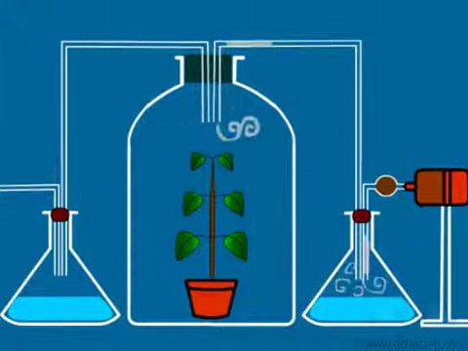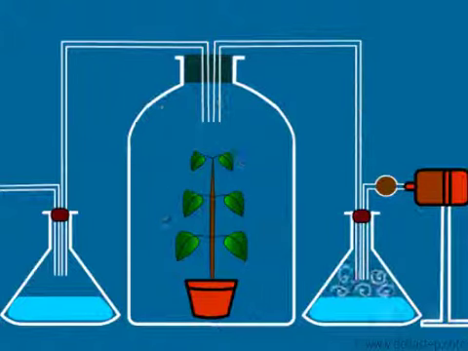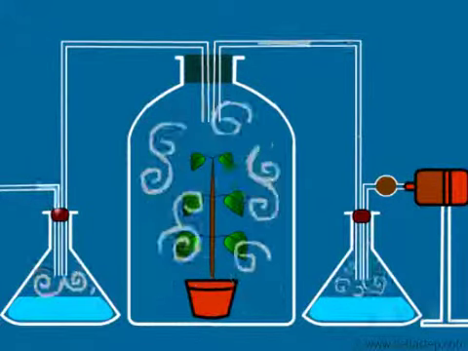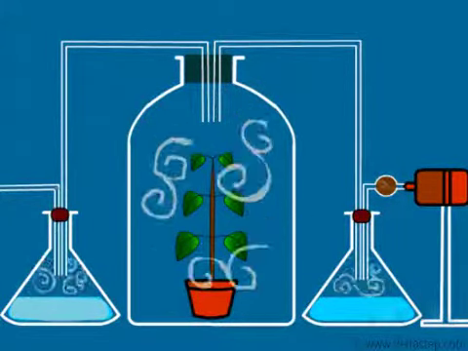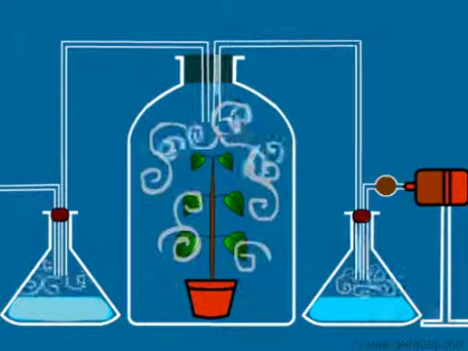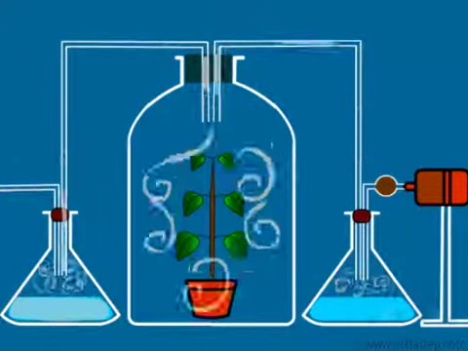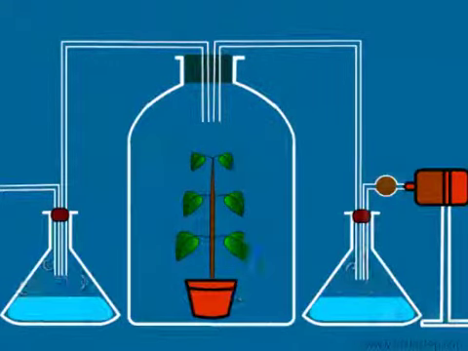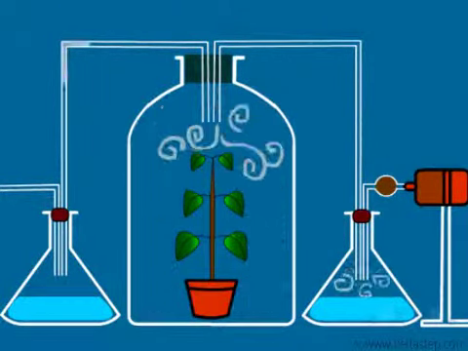Now this potted plant, with the help of oxygen, respires and carbon dioxide is released. So this air that is passing out through this tube now has carbon dioxide, and when this air is bubbled through lime water, see, it turns milky. So what have we done?